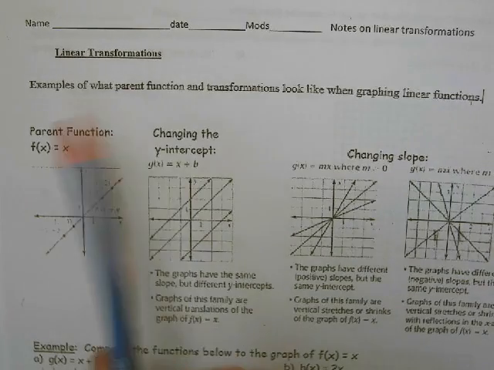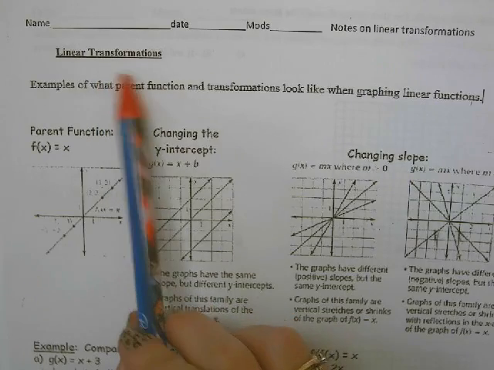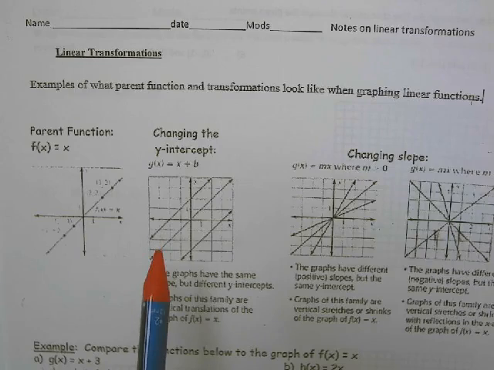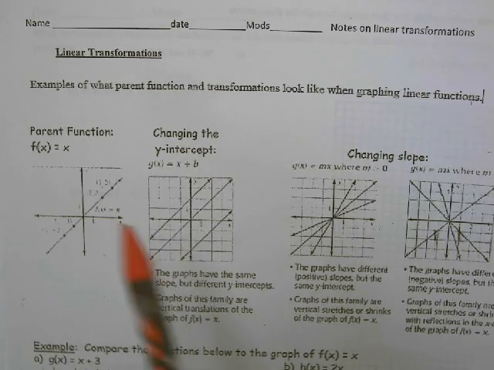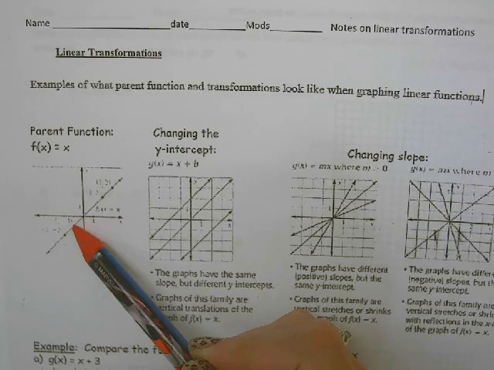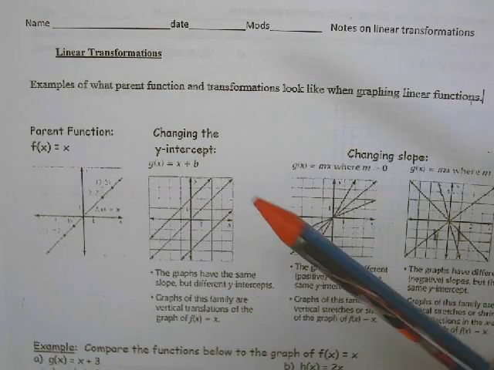So today we're going to talk about linear transformations. Remember, to transform, trans means across, so we're going to be moving graphs. These are rules you're going to memorize from now until the end of the year. We use them with all sorts of functions. So we have a parent function, and then we change something about that parent function that moves the graph.